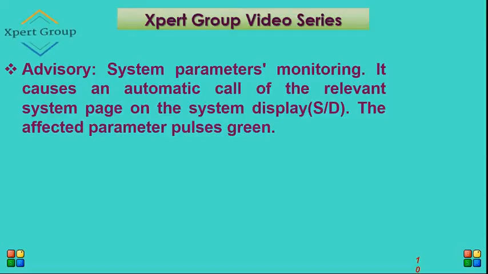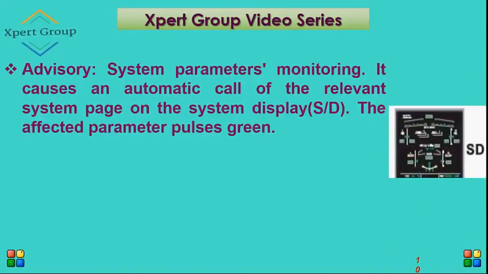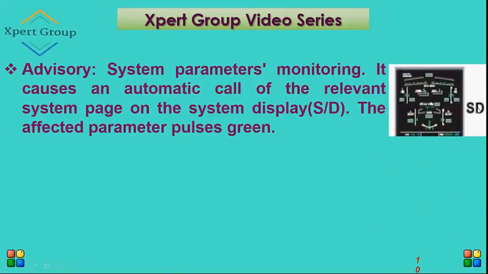It causes an automatic call of the relevant system page on the system display. The affected parameter pulses green, and any parameter which is out of limit or affected will be in green. You can see here the system display, and here the green pulses you can see.